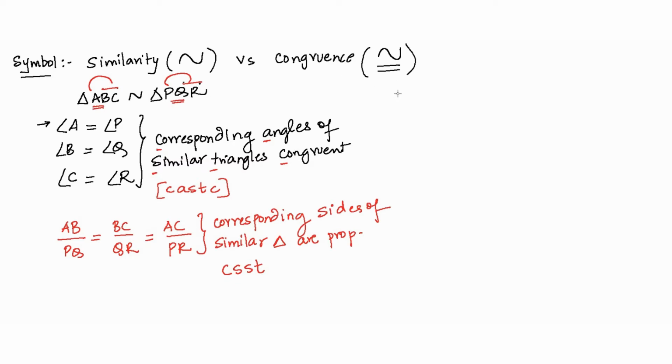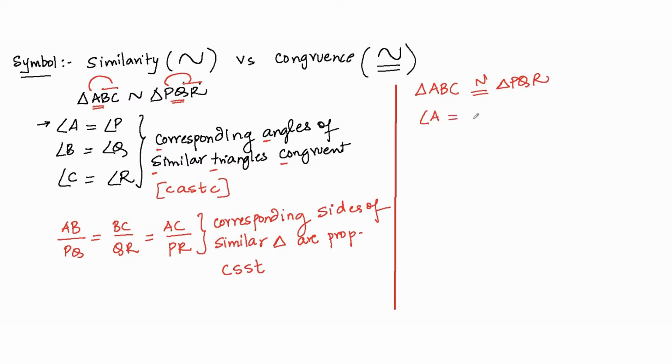Let's compare this with congruency. If I had triangle ABC congruent to triangle PQR, then what would be the different conclusions that I would reach?